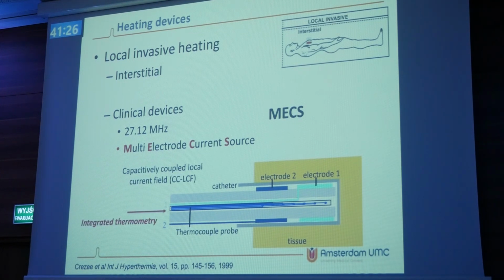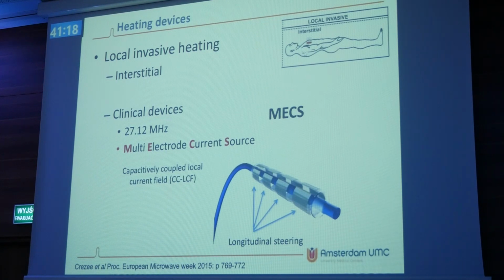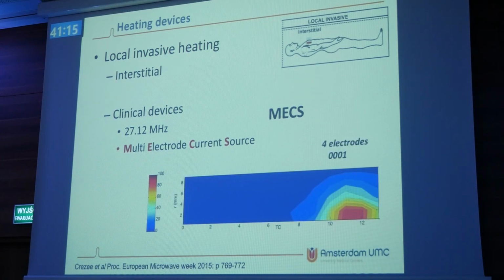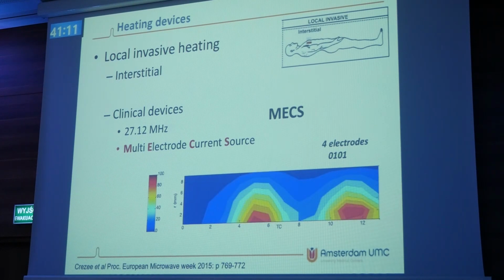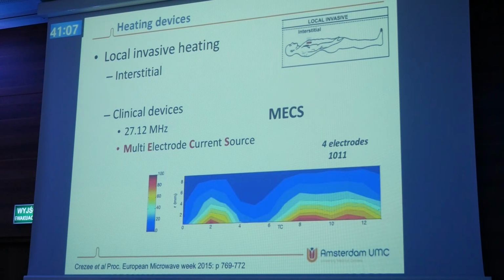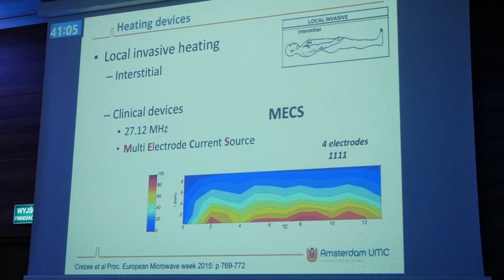And the thermometry consisted of a thermometry probe inserted within the applicator. And we also tested, of course, whether this could be used with completely independent electrodes on a single applicator, and we found that we could actually steer and control the temperature distribution along a single applicator and also within an applicator array.